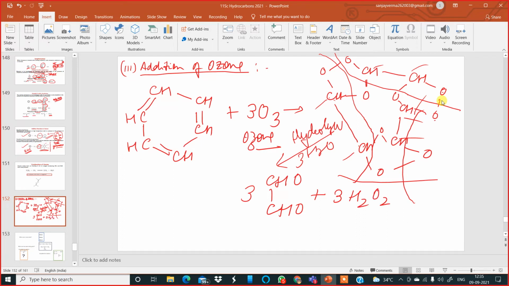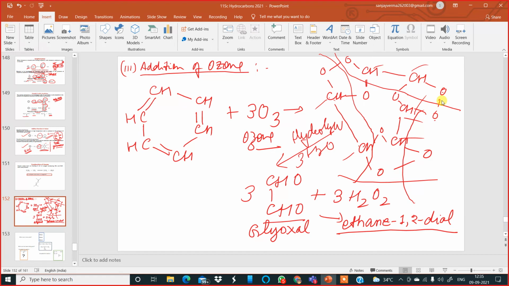Upon hydrolysis, this compound is called glyoxal commonly. The correct IUPAC name is ethane-1,2-dial. It is an aldehyde. So this addition of ozone to benzene is important.